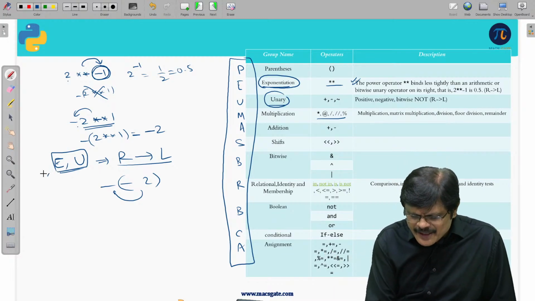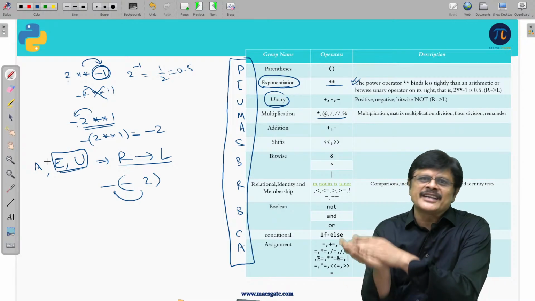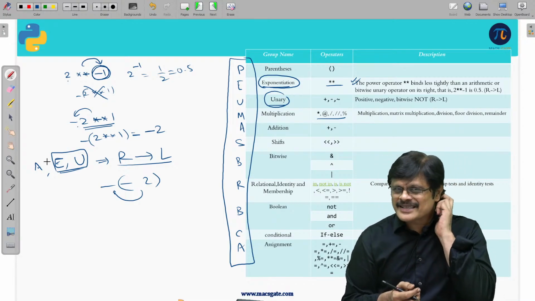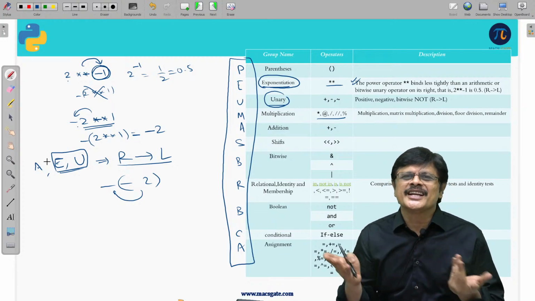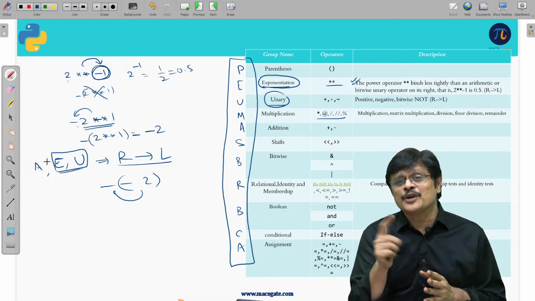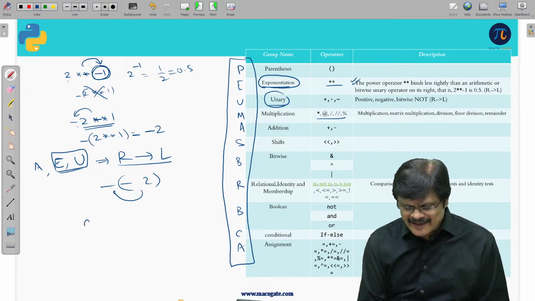And assignment operation also, because in assignment, after the expression is evaluated, then the value is applied. But generally they don't mention the right to left here, because chaining is not available in assignment operation. In C language, right to left association is very important. Why? Because in C language, if you have A plus equal to B minus equal to 5, this is allowed.